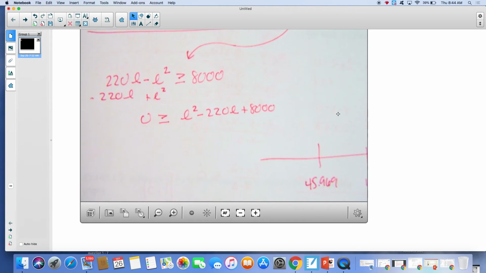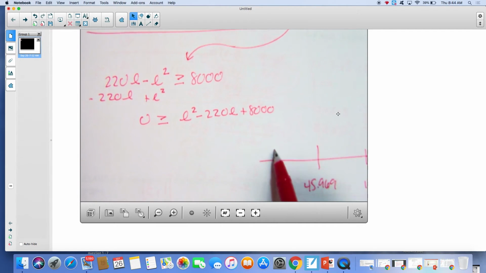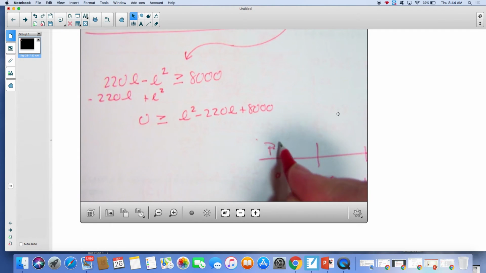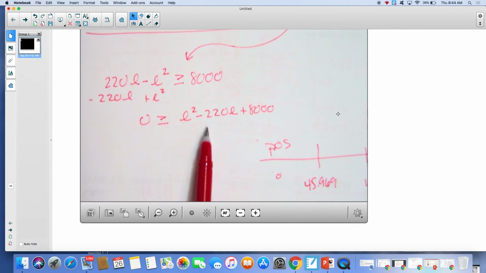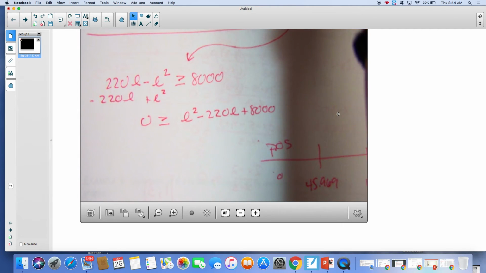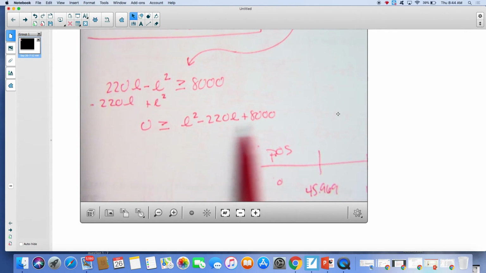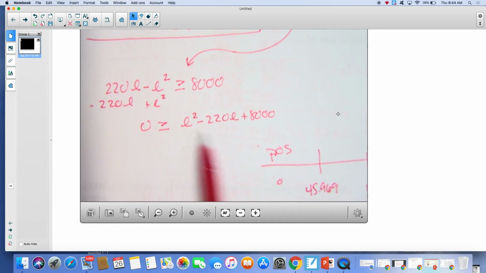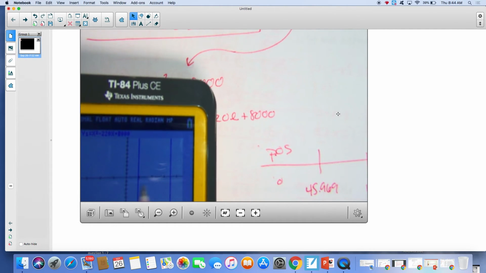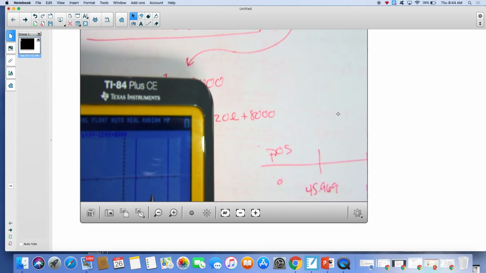Okay. All right. So we've got to figure out test values. Plug in 0. What do we get here? We get a positive. Well, you know what? You can look at your graph. We want to know when is this function going to be negative. Well, it's going to be negative between these two zeros.